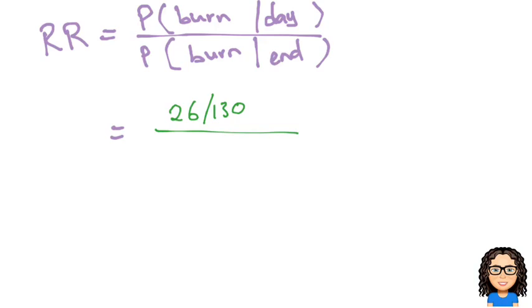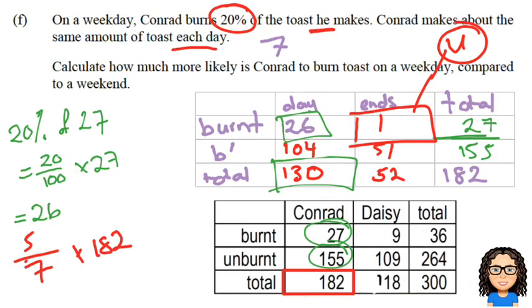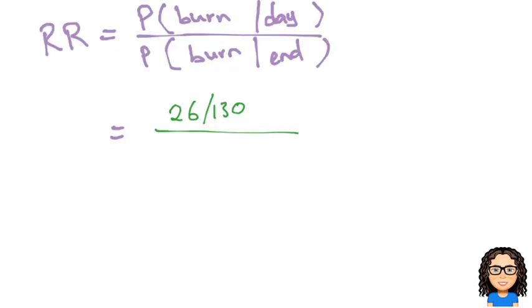Probability of burning, given that it's the weekend. So we know weekends, there are 52 values there that are weekend, and from those 52, the number of times that he burnt it is 1. So that's going to be 1 out of 52. So if you get to the probability of finding 1 out of 52, then that gets you your merit.